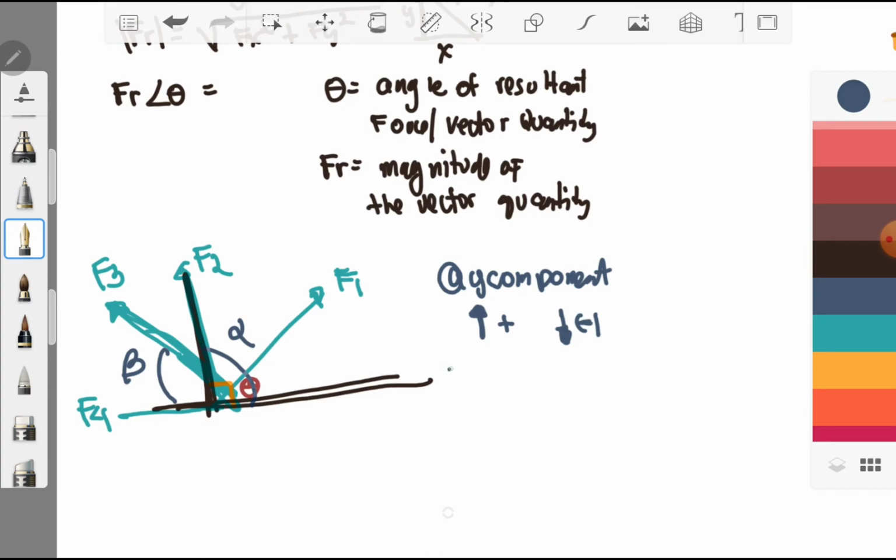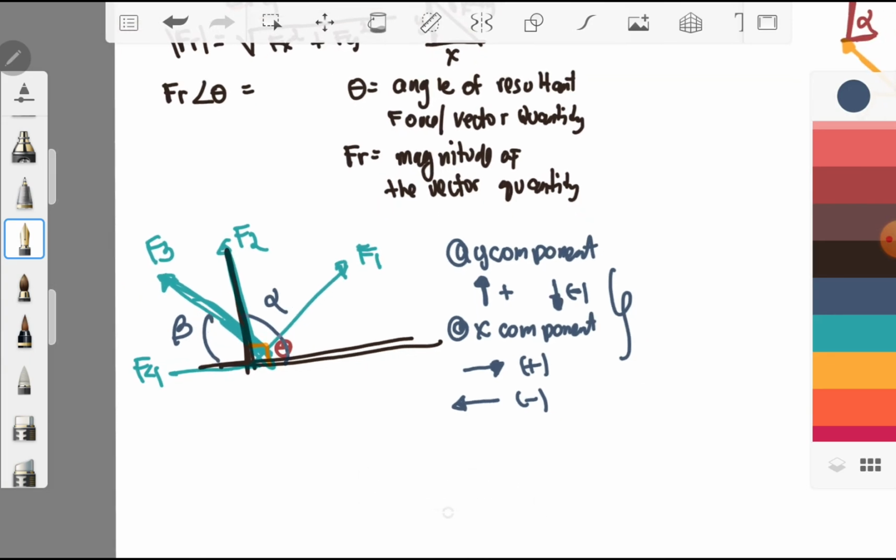And then at the x component, all forces going to the right are positive and all forces going to the left are negative. If you would consider using the angles of each of your vector quantities without adding 180 degrees or 90 degrees to them, you would use your positive and negative quantities.